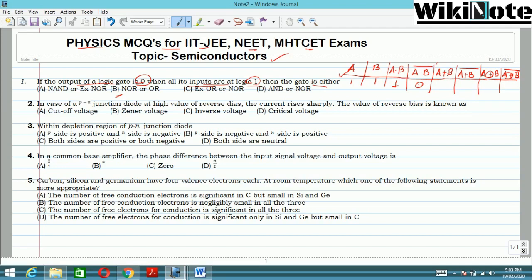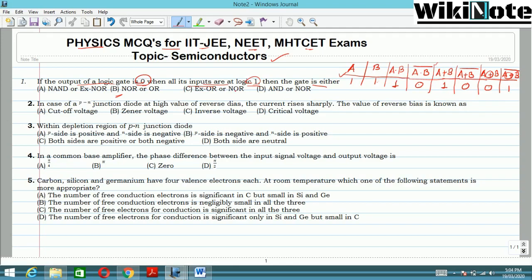For the OR gate, 1 plus 1 is 1, and the complement, NOR, is 0. For A XOR B, 1 plus 1 is 0, and the complement, XNOR, is 1. So you should go through the truth tables of these gates.